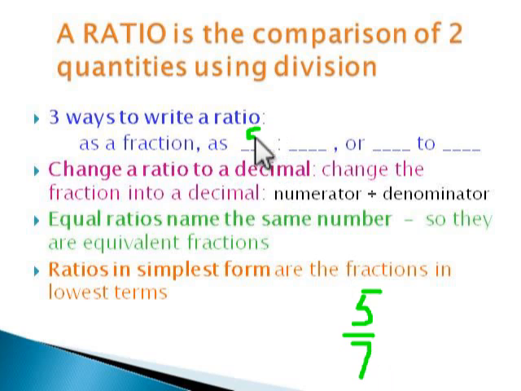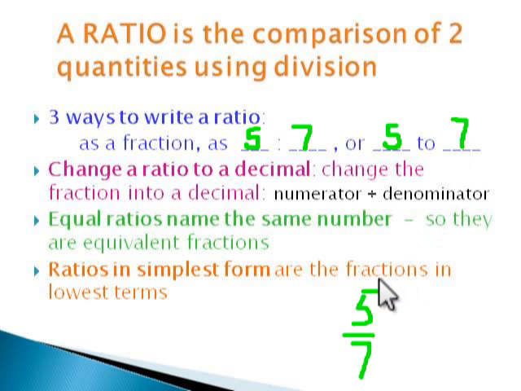So you could say 5 out of 7. Or you could use it with the word "to": 5 to 7. You see this kind, for example, when you're looking at a team's win average. They have this many out of this many.